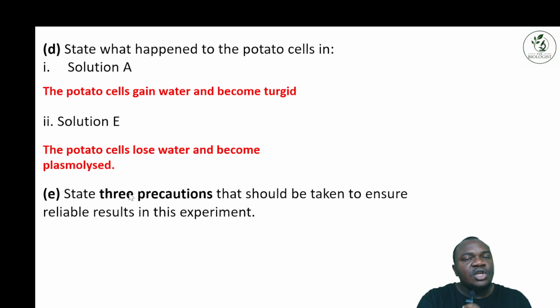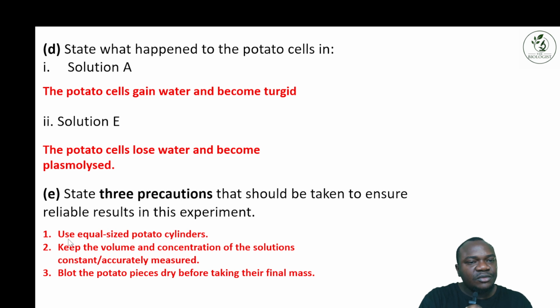State 3 precautions that should be taken to ensure reliable results in this experiment. The first one: use equal size potato cylinders. Keep the volume and the concentration of the solution constant and accurately measured.